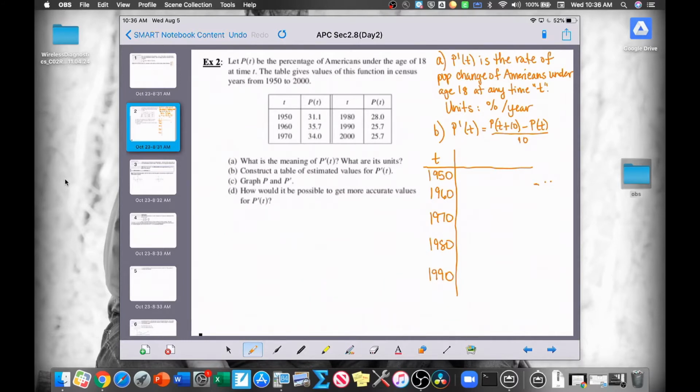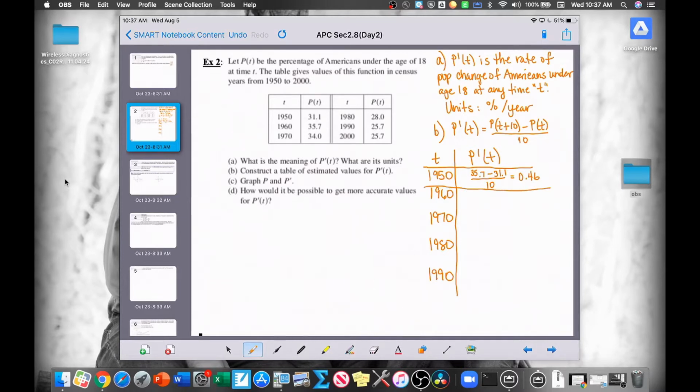So we're finding slopes for P prime of t. If t is 1950, then P of t plus 10 would be P of t for 1960. So that's going to be 35.7 minus population in 1950, which is 31.1, divided by 10. You grab your calculator. This gives you a slope of 0.46.